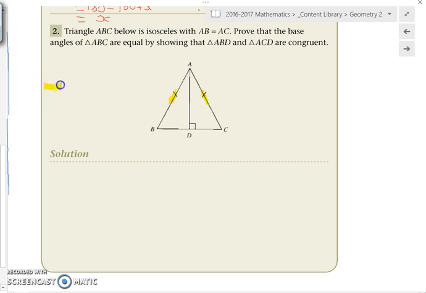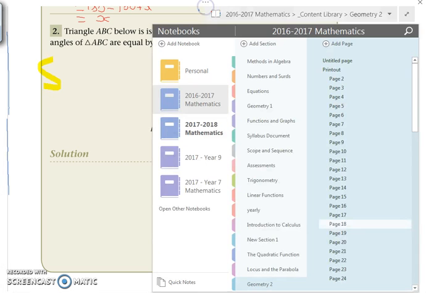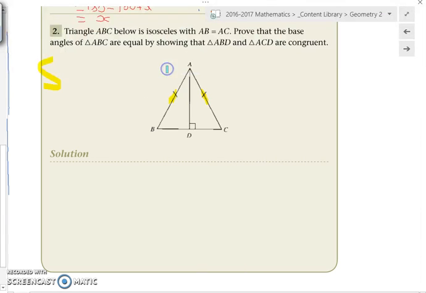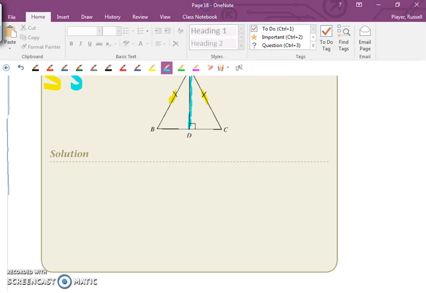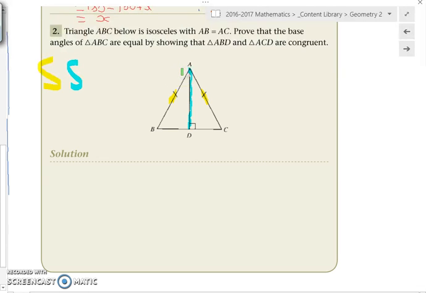So that's an S. What else have we got? Oh, we have that, which is a common side. So that's another side. And what else have we got? We've got a right angle.